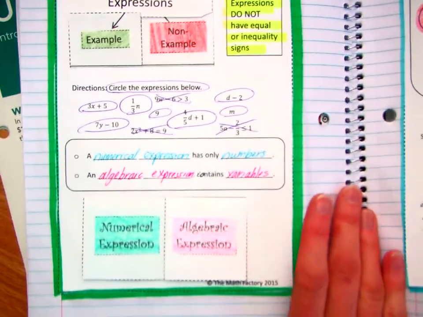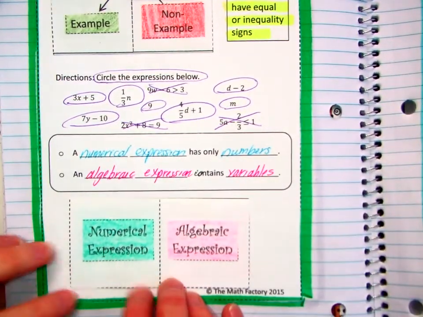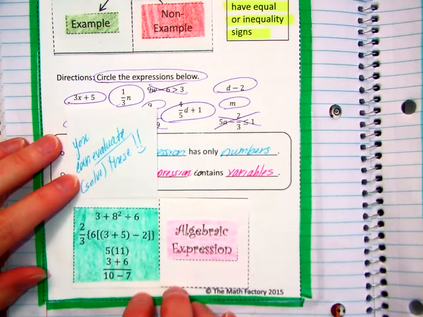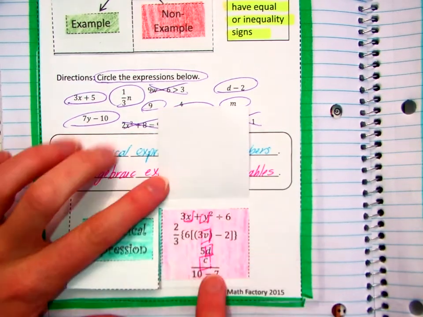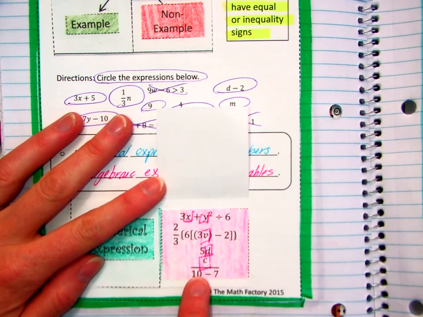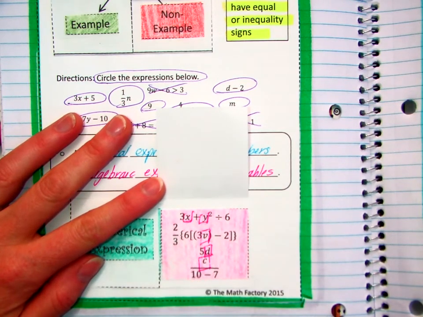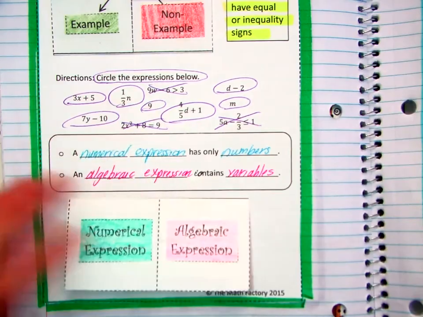And there were 2 types of algebraic expressions. You might recall there were numerical expressions under this flap. You could evaluate these using the order of operations, and there were algebraic expressions under this flap. Unless we were giving a substitution value for the variable, we were unable to evaluate these currently.